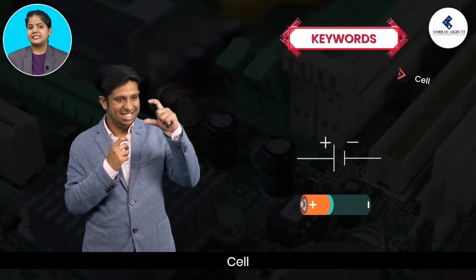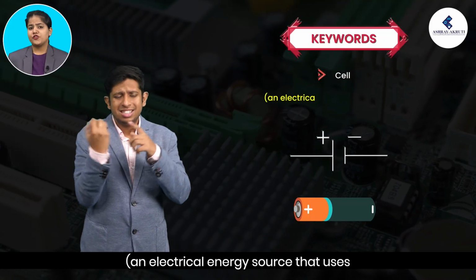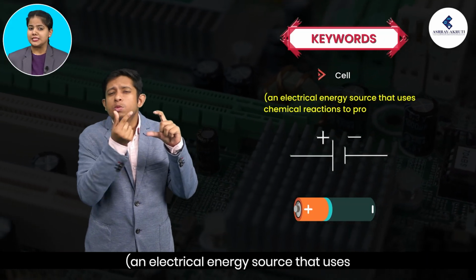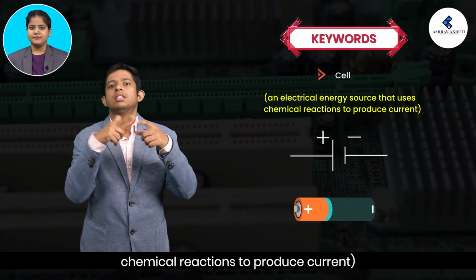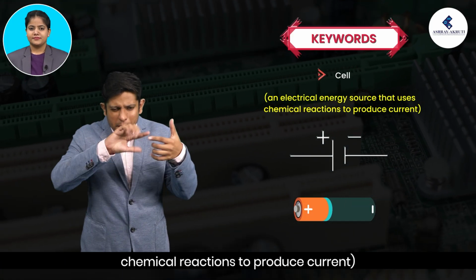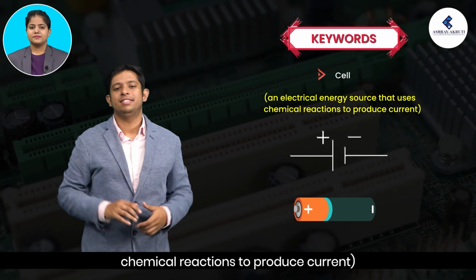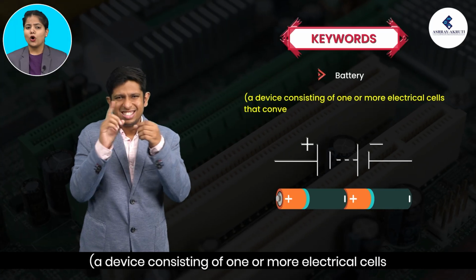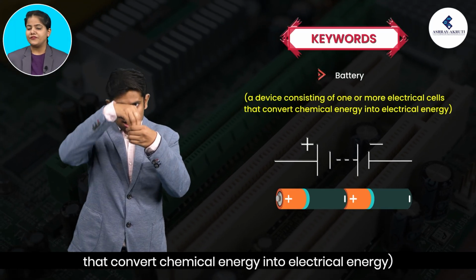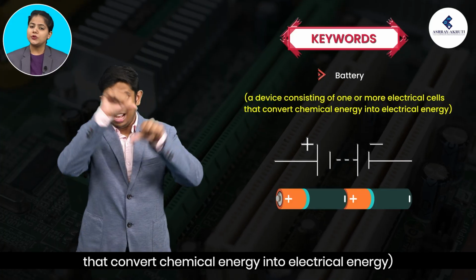Keywords. Cell. An electrical energy source that uses chemical reactions to produce current. Battery. A device consisting of one or more electrical cells that convert chemical energy into electrical energy.